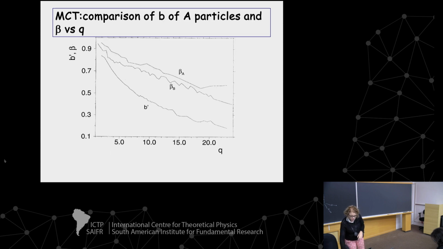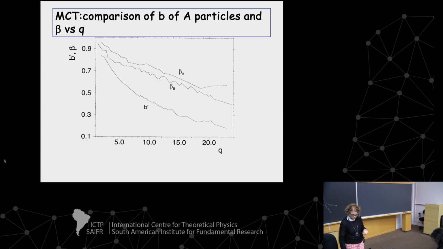This is a comparison of B as gotten from the von Schweidler exponent for the A particles, and from the stretching, and compared also with the exponent of the stretched exponential of the beta part for the A particle and for the B particle. So these are the comparisons. So B is slightly different from the stretching exponent, though they have a similar trend.